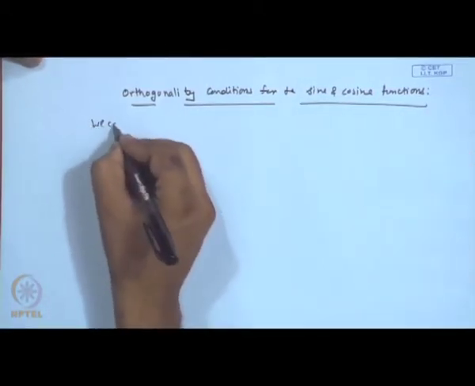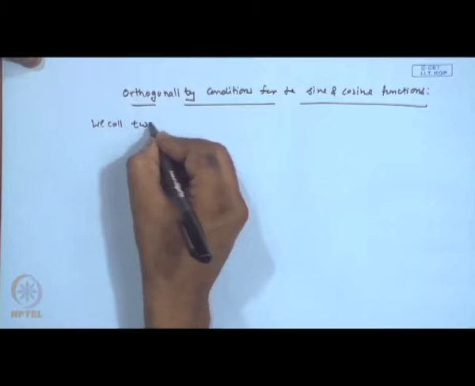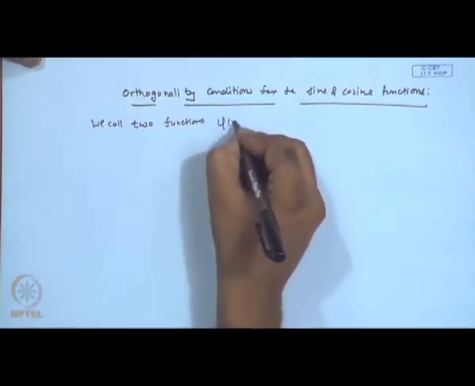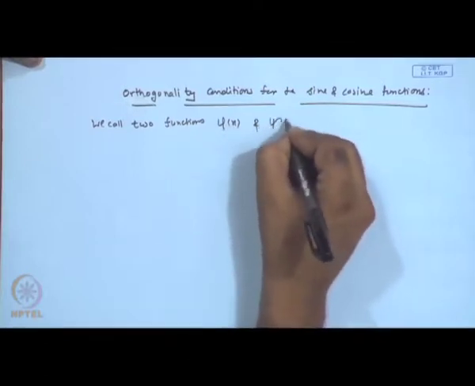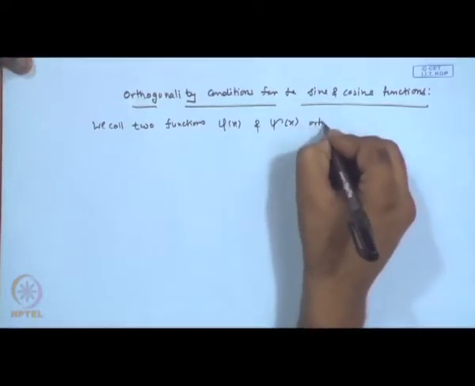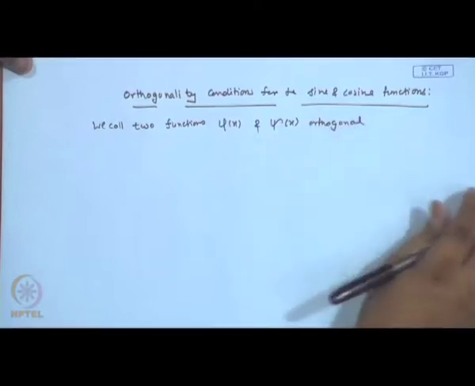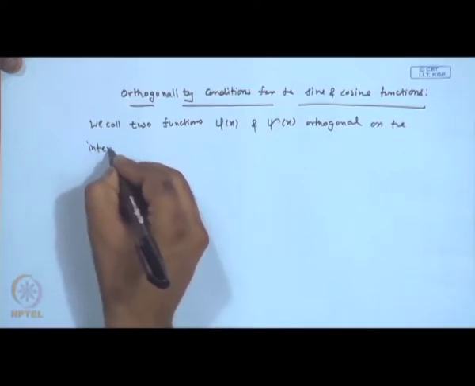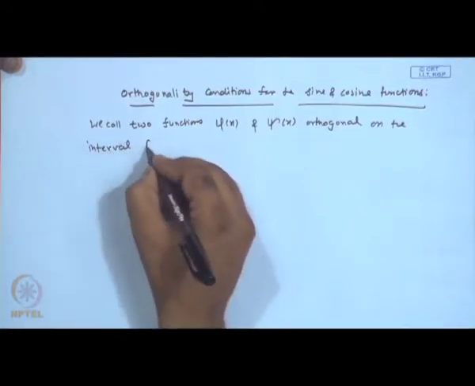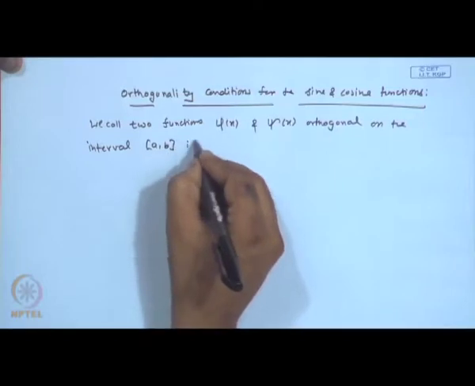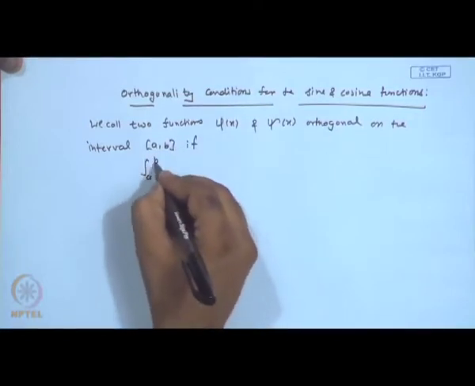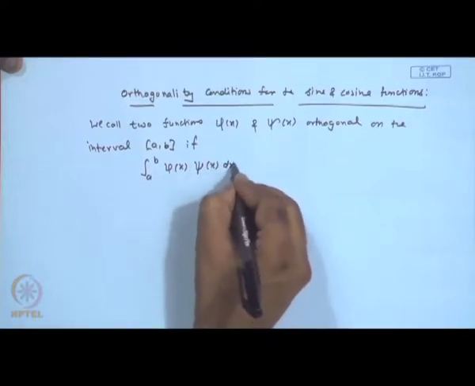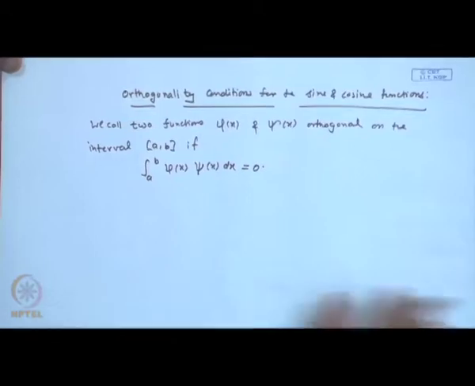So, we call two functions phi(x) and psi(x) orthogonal on the interval a to b if the integral from a to b of phi(x) psi(x) dx is 0.